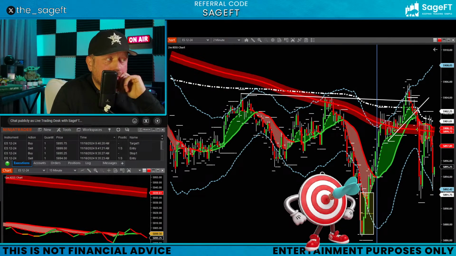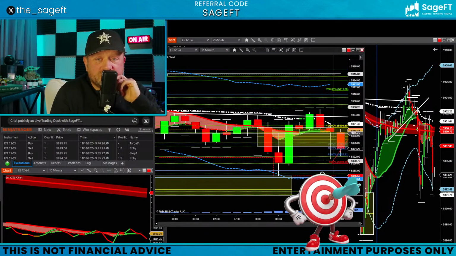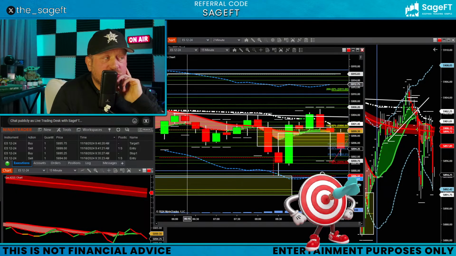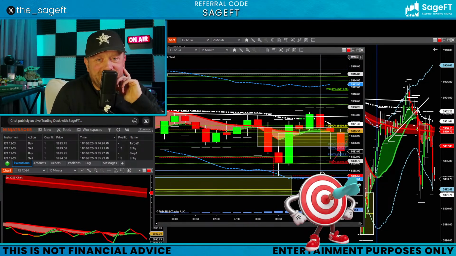The VWAP and the 20 SMA and that yucky bearish bar on the 15-minute chart. The hard part about that trade was, do we have our stop in the right place? The answer was absolutely.